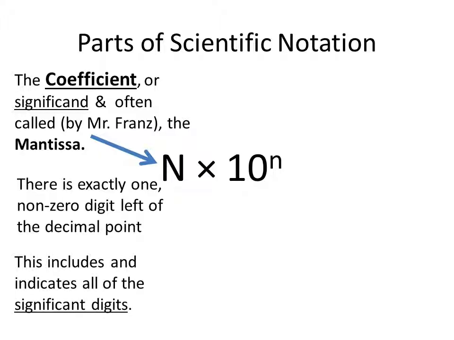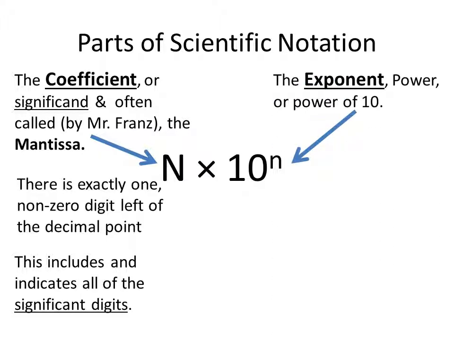And all of the significant digits also appear here. So if the number has one significant digit, there's one number. And if there's two or more significant digits, there's one number, a decimal point, and the other significant figures follow the decimal point. The second part is called the exponent.